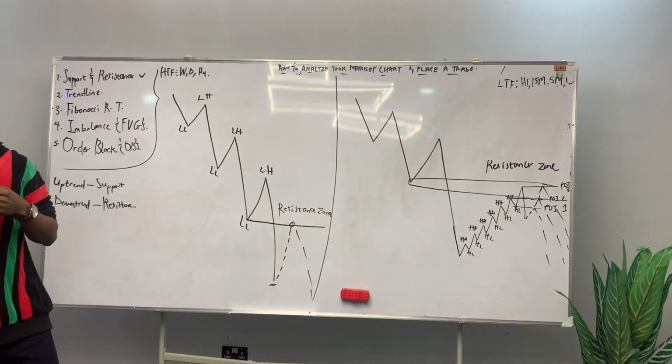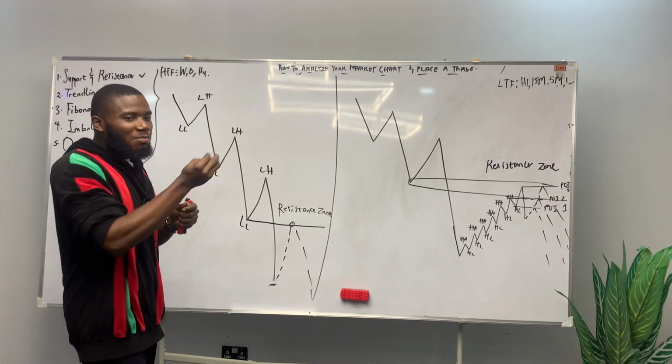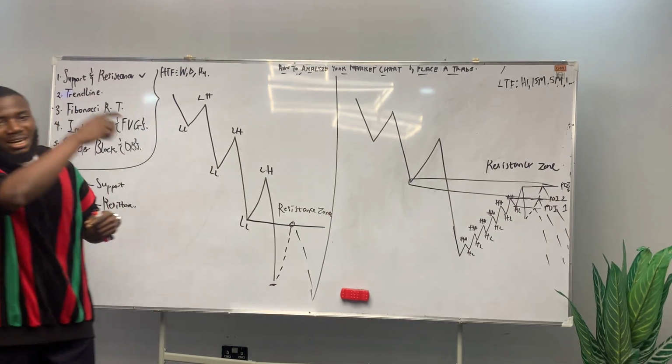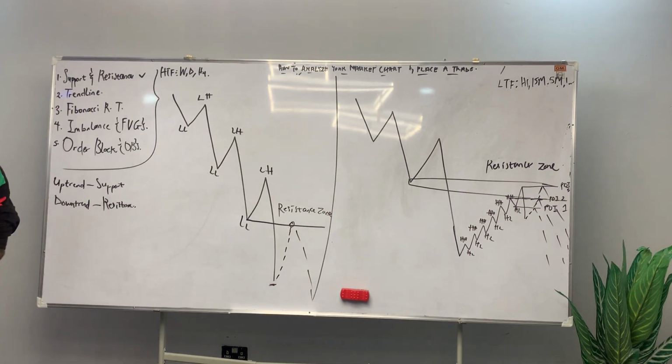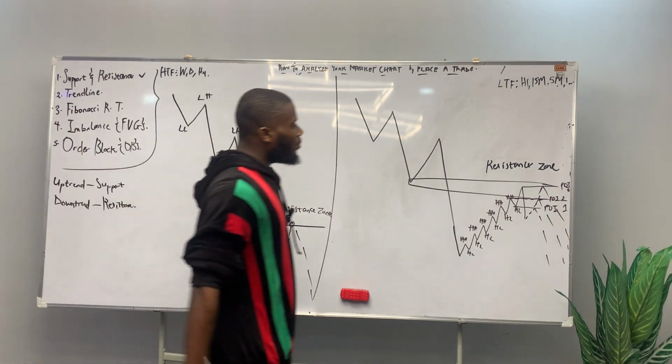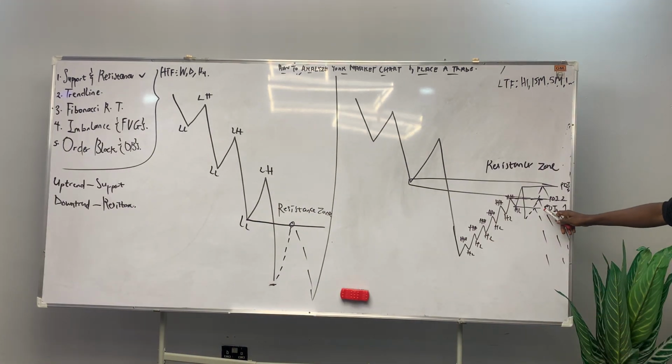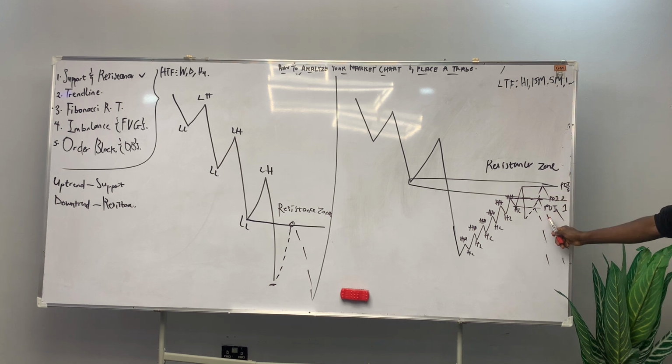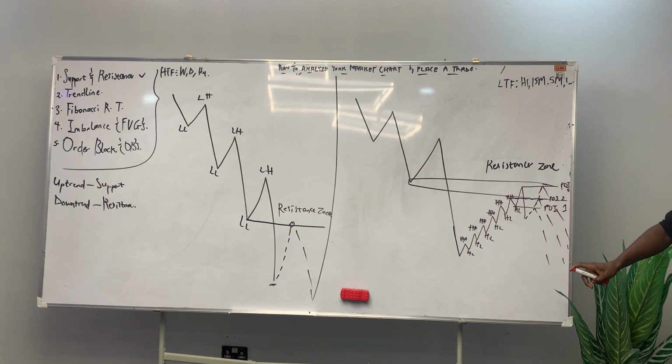Then you will now move to a lower time frame for that retracement to change to the same direction that you want to enter. So once it comes to POI 1, wait for a bearish candlestick pattern. Once it comes to POI 2, wait for a bearish candlestick pattern before you now enter your trade at market price.